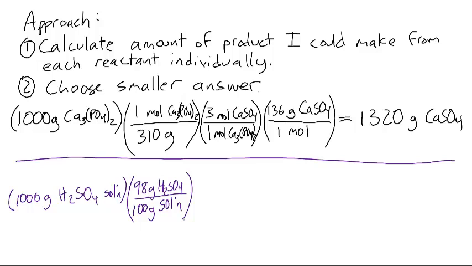Now that I have the mass of H2SO4, next step, got to go to moles. So there's 1 mole of H2SO4 for every, what is that, 98 grams? Oh, so far the math is working out pretty easily because the 98s are going to cancel.